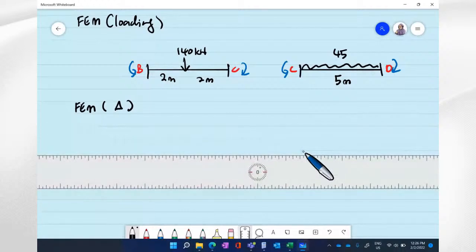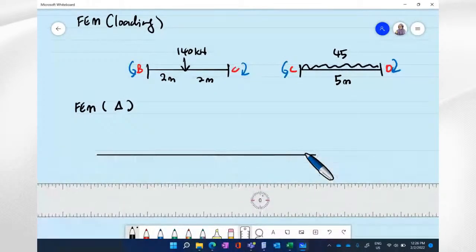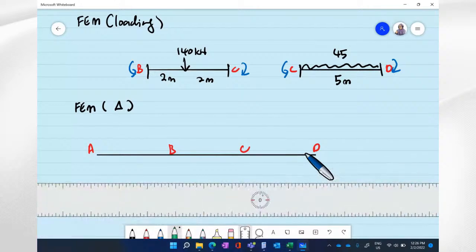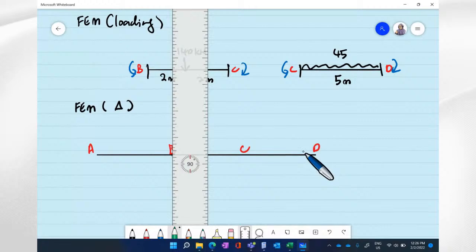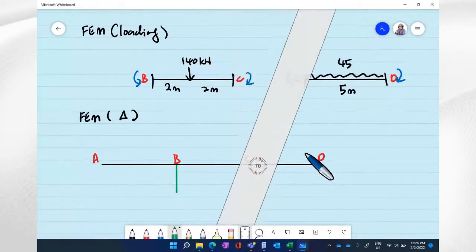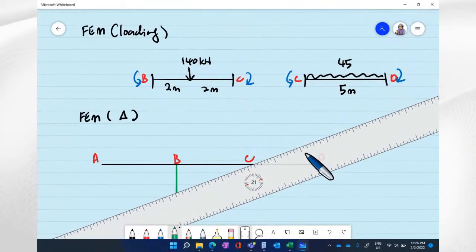The beam A, B, C, and D. When B is settled, it is settled like this. So we will have a triangular shape like this.